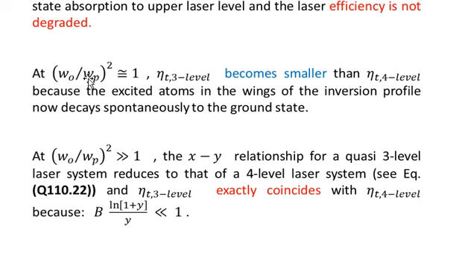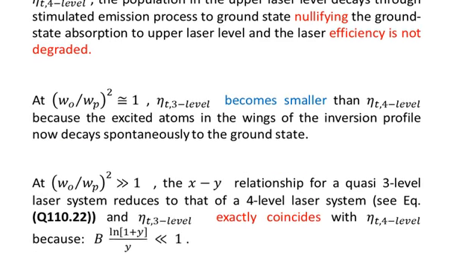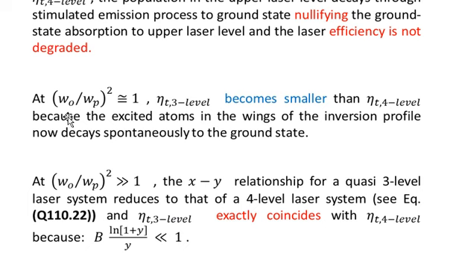Now you see that in the previous case we have discussed that the square of w naught to wp is much less than 1. Now we are going to discuss the condition that the square of w naught to wp is of the order of 1. That is, w naught is the same as wp.